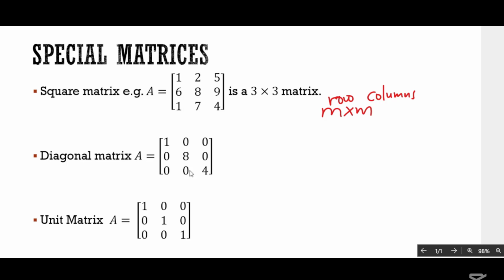So when we have a matrix like this one, let's say 1, 2, 5. Then we have 2, 8, 9, and then 5, 9, 4.